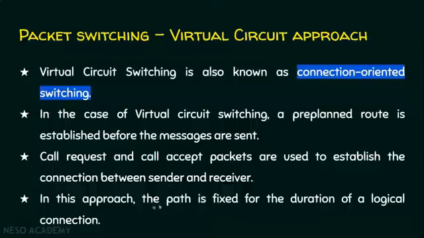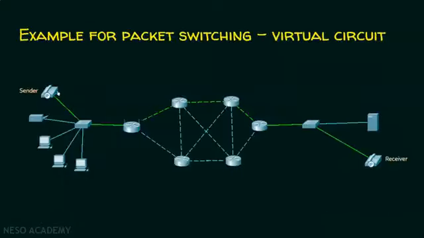So in this approach, the path is fixed for the duration of a logical connection. In the previous technique, the datagram approach, the path is not fixed, but still it is a packet switching technique. But here, in the virtual circuit approach, the path is fixed for the duration of a logical connection. We will see an example, then it will be clear for you. If this is the sender and this is the receiver, you can see that there is a logical path established and data transfer is happening only this way.